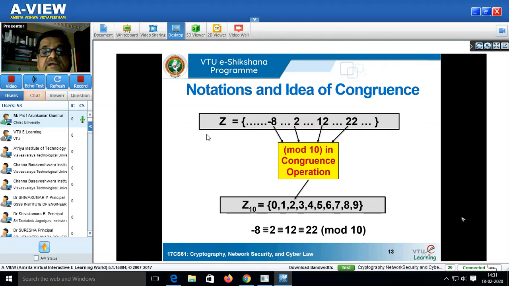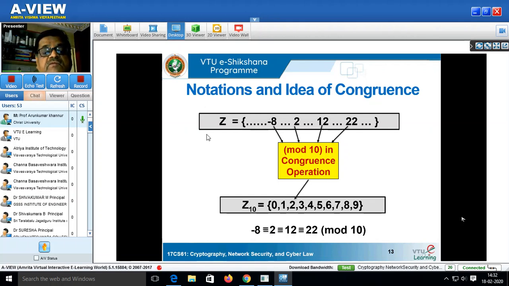Now consider the set Z, which is represented from minus infinity to plus infinity. Now we are interested in applying mod 10 in a congruence operation, and we apply this on minus 8 mod 10, then 2 mod 10, 12 mod 10, and 22 mod 10.